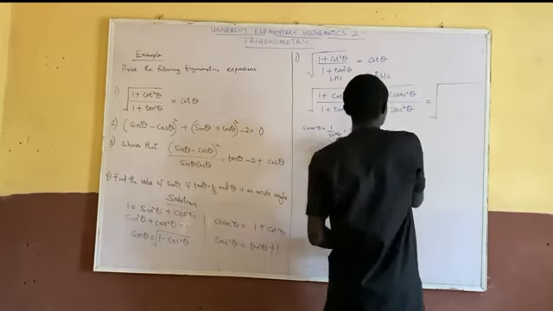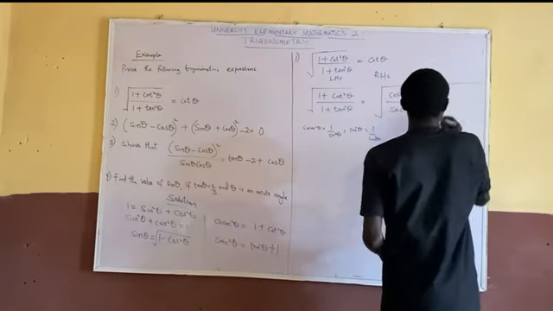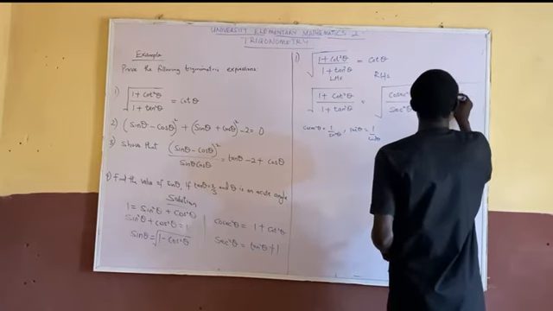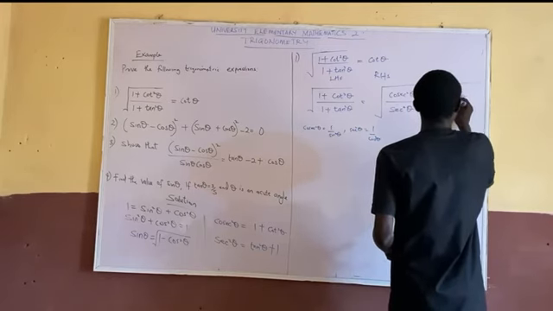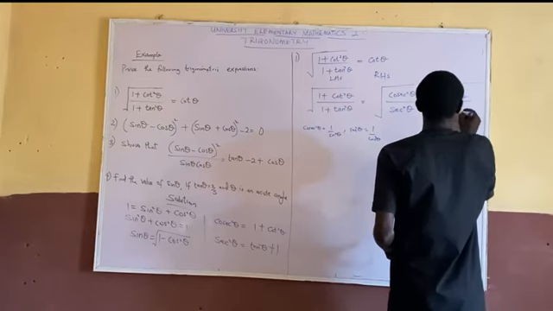If you substitute these, we are going to have another expression: 1 over sin square theta all over 1 over cos square theta.